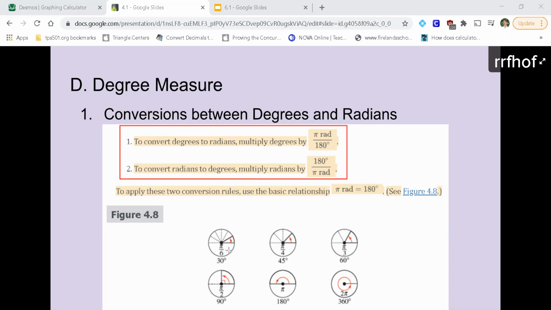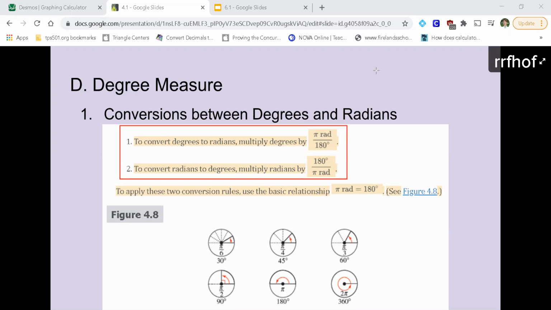For example, they wouldn't want you to work through this and take 30 divided by 180 and then say, well, 30 and 180 are both divisible by 30, and it goes into it 1 over 6 multiplied by pi makes pi over 6. They would just expect you to have that memorized.